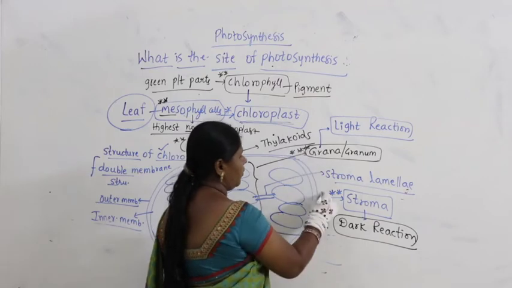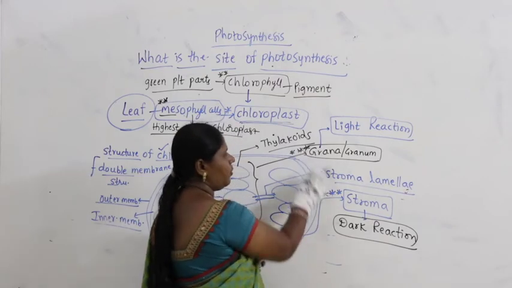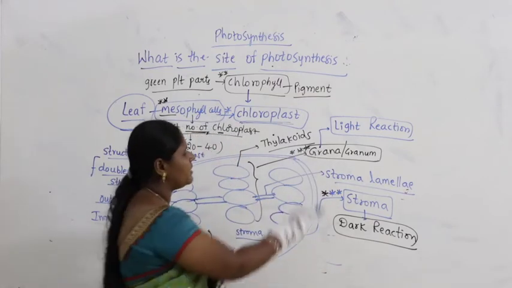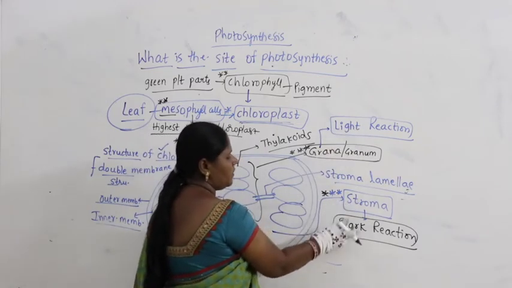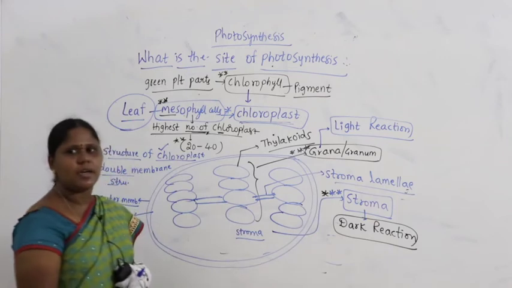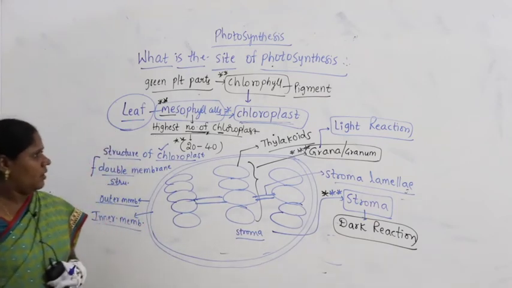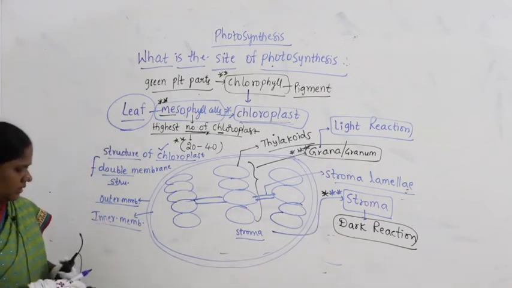Granum is very important, stroma is also very important. Grana is the place of the light reaction. Stroma is the place of the dark reaction.